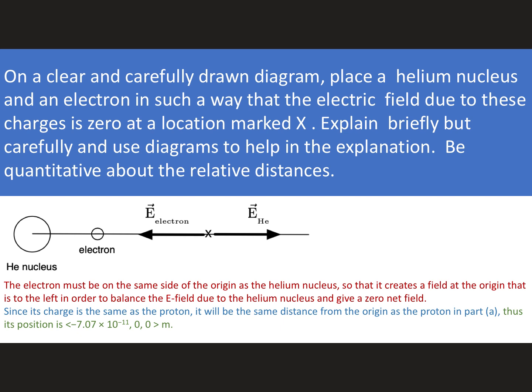And then continuing, almost the same narrative, except now we're talking about an electron instead of a proton. And so the 0 point is outside of that system, not within it, where it gets balanced out.